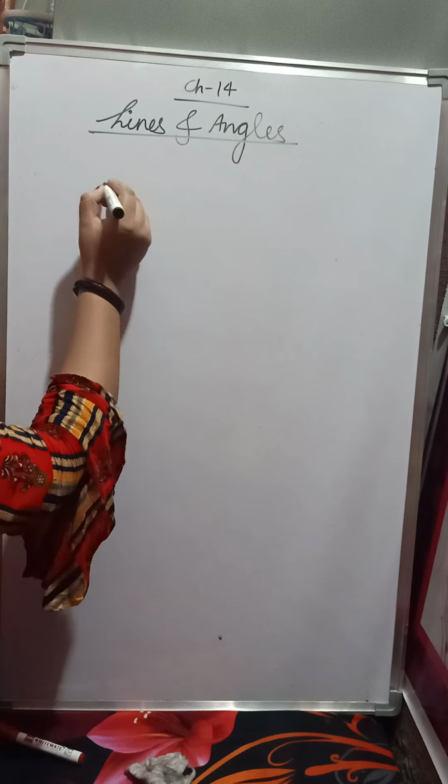Chapter 14. The first question is to check whether the angles are adjacent and form a linear pair or not. Angle 1 and angle 2. Here we have a figure.